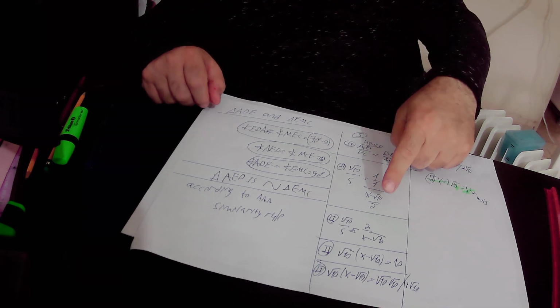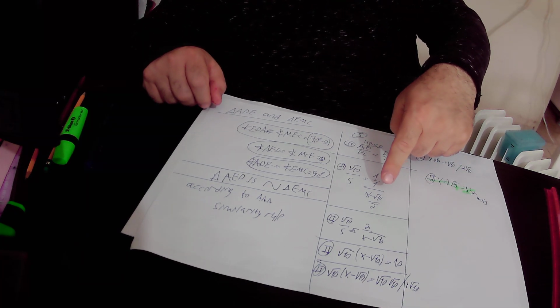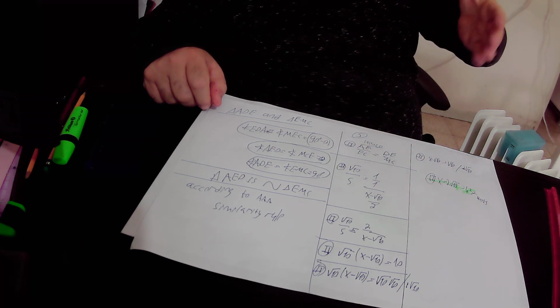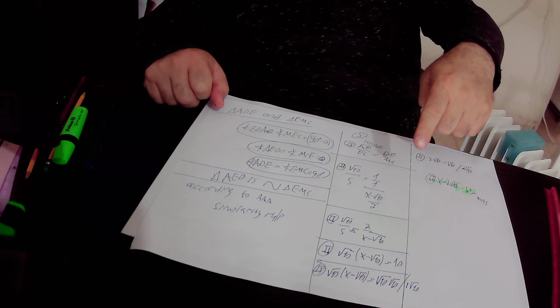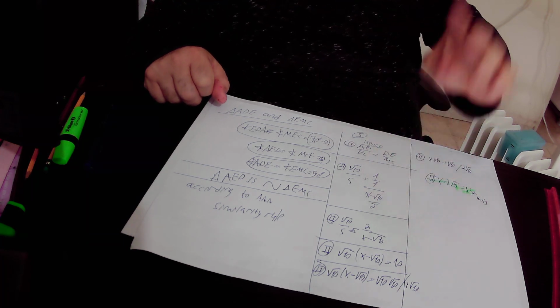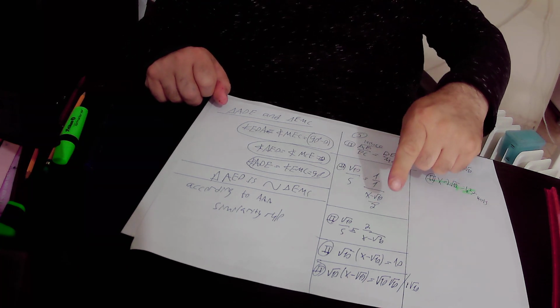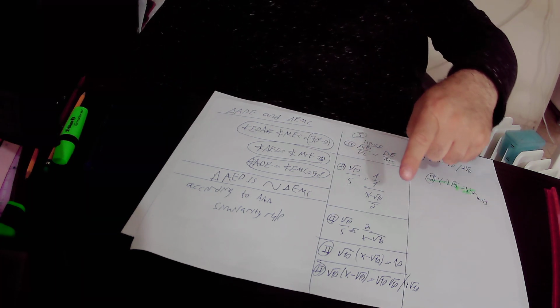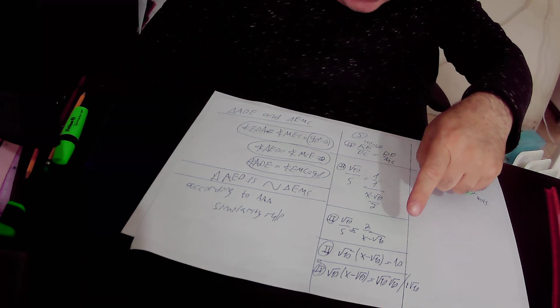Here we moved 2 to the numerator and X minus square root of 10 to the denominator, and found that, according to equation number 2, square root of 10 over 5 equals 2 over X minus square root of 10. Cross multiplying, we found that square root of 10 times X minus square root of 10 equals 10.